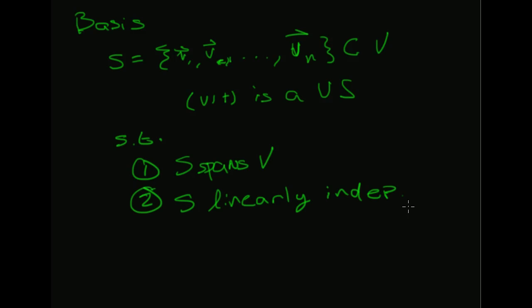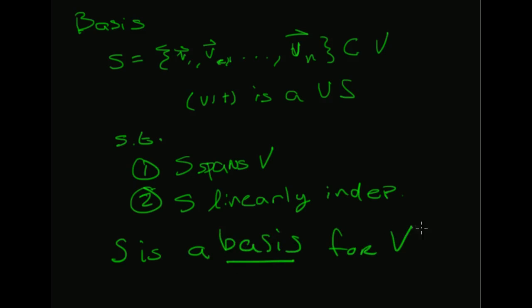Now, that also means that I cannot combine any vectors in S linearly to make another vector that's in S. Okay, so there you go. So if that's the case, then we say that S is a basis for V.